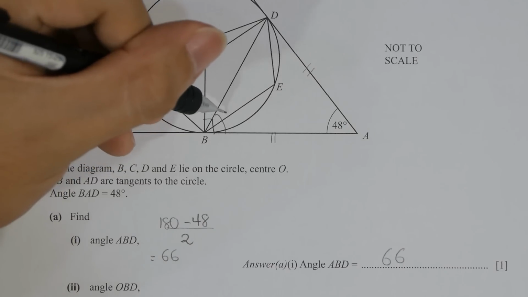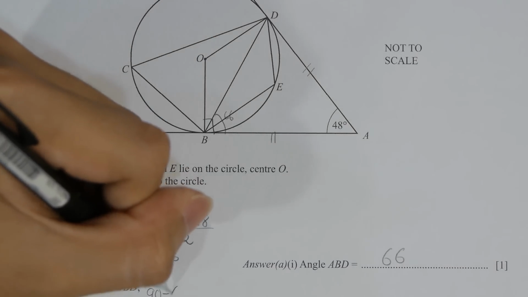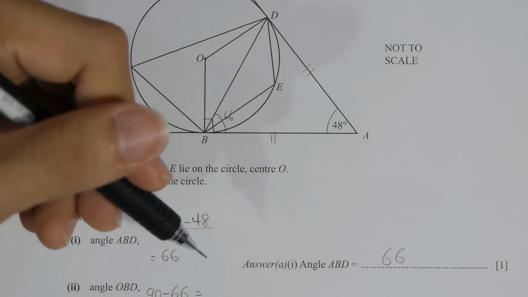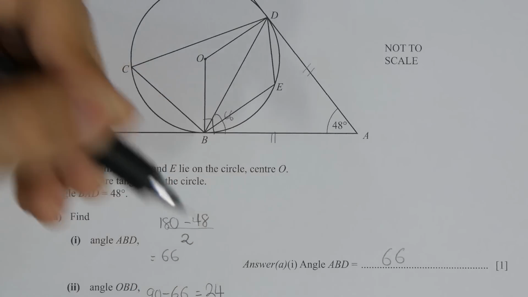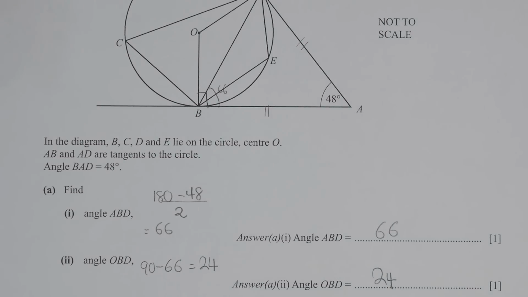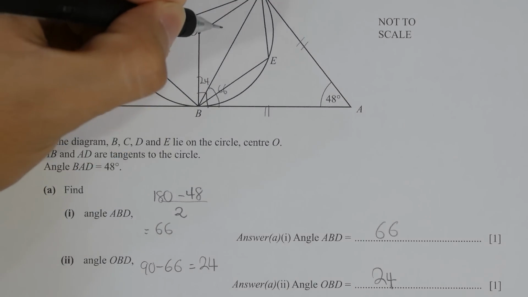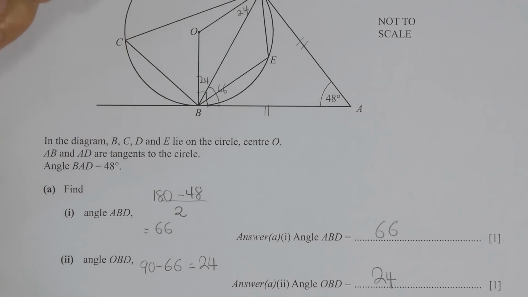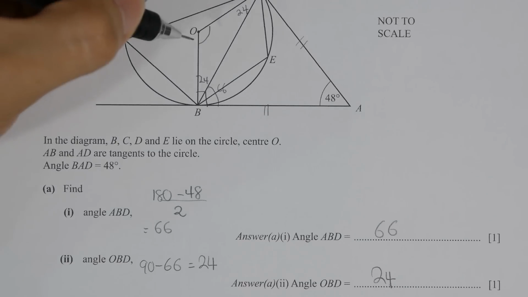To identify OBD, OBA equals 90 degrees because the radius intersects with a tangent line outside of the circle. So take 90 minus 66, then you get 24 as the answer.